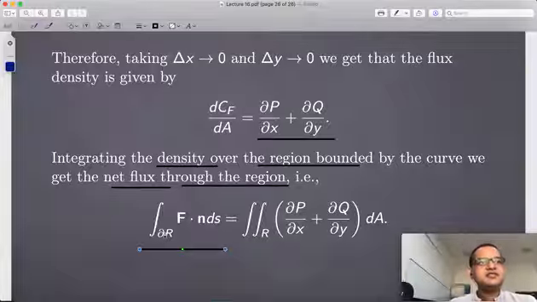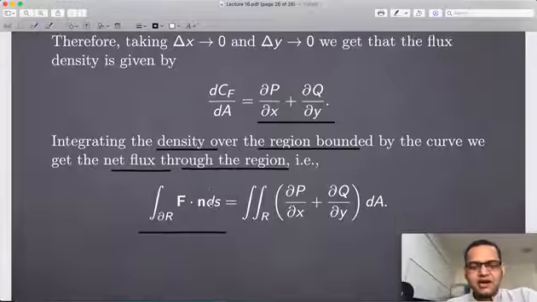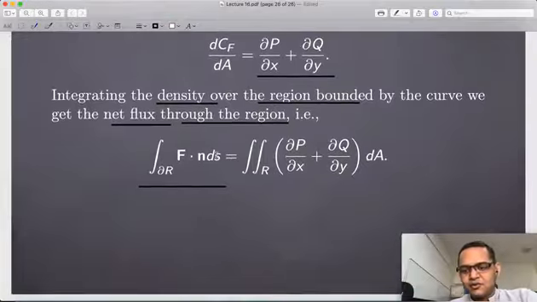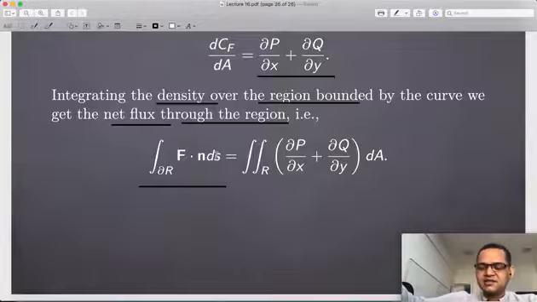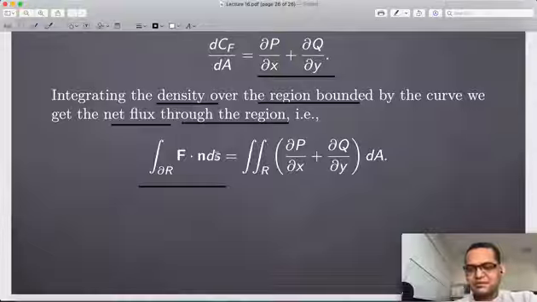These two theorems are very important, so try to work out some problems. We will have some assignment problems for this section. Now our task will be to go to R3 and develop the corresponding theorems, which relate the triple integral over a 3D region to a double integral over the boundary of that region.